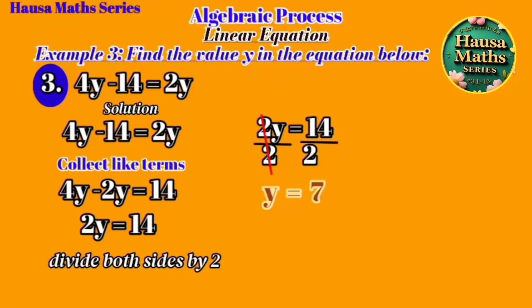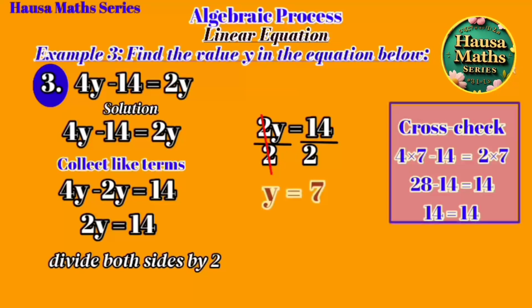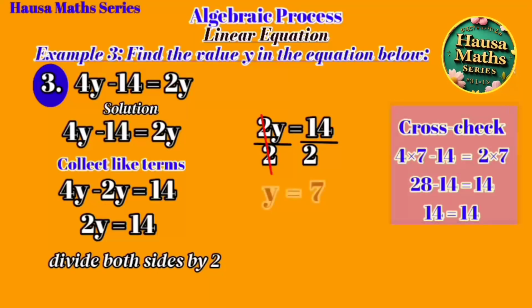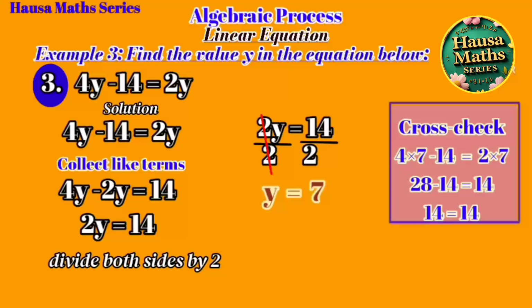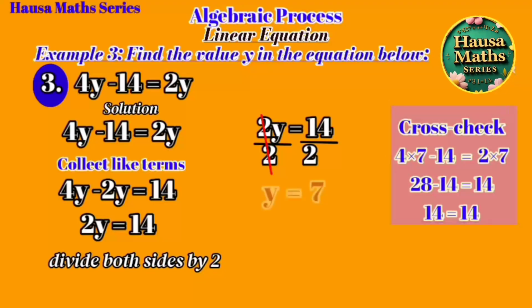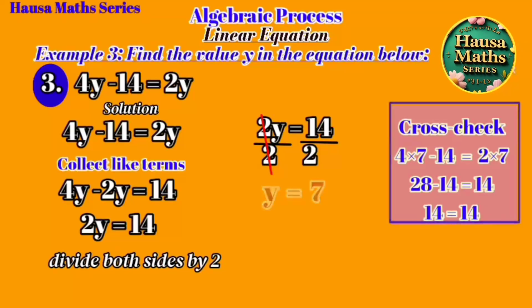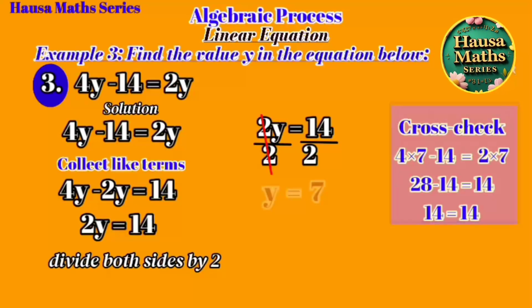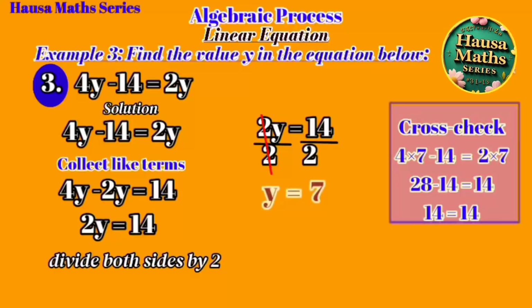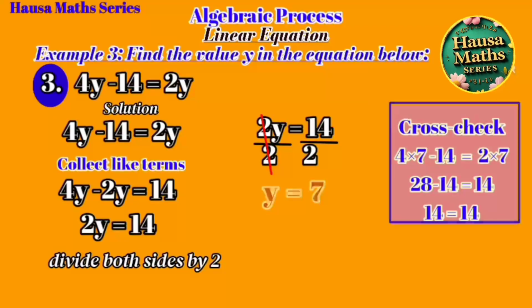After we have done this, let's cross-check and substitute the value of y as 7. 4y is 4 times 7, and 2y is 2 times 7. Now 28 minus 14 is equal to 14. So when you substitute the value of y, you get exactly the value of the equation.